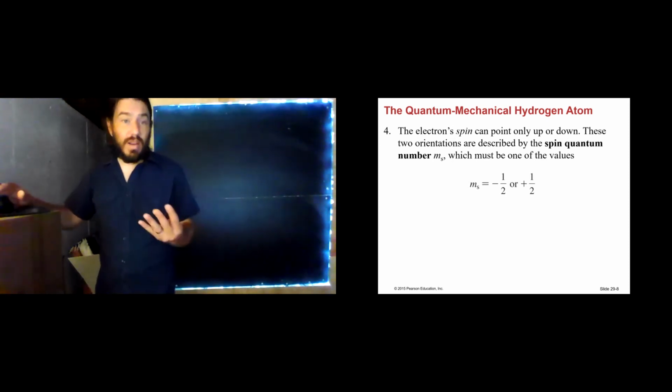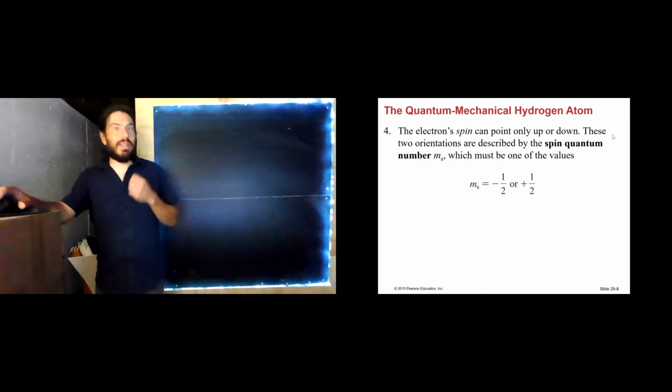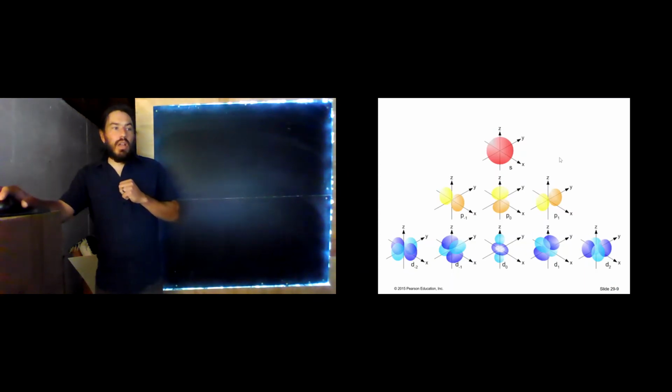Okay, so we've got 4 numbers now that characterize an electron within an atom. And if we're talking about the hydrogen atom, then these characterize the state of the hydrogen atom. You've seen these pictures in chemistry, if you've taken chemistry. These are, of course, visualizations of the orbitals, the s, p, and d orbitals.